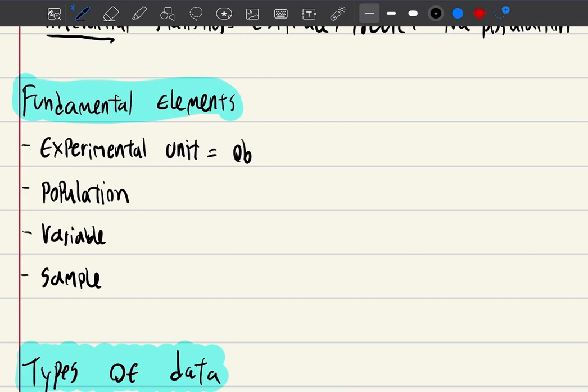It's an object upon which we collect data. Like when you did a survey, you are my experimental unit.